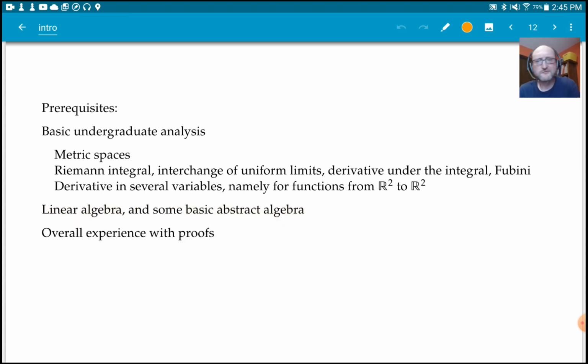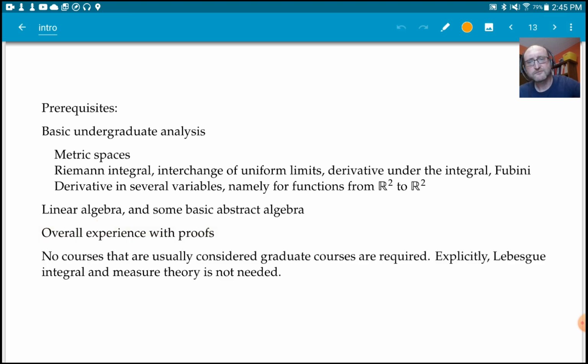And overall, just experience with proofs, right? All of these, we're talking undergraduate level classes, are good enough, and not even everything in those classes is necessary. Just the very basics, really. But experience with proofs, you should see all of that.